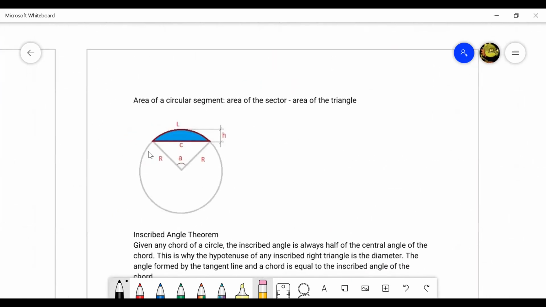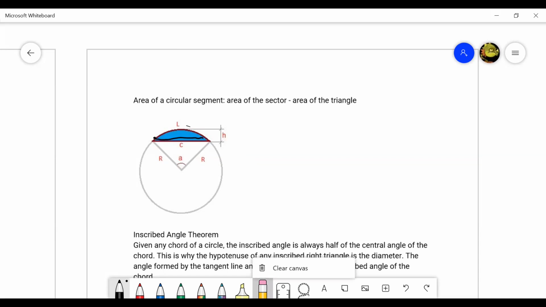Here we can go into the more advanced parts of the circle, which is finding the area of a segment. A circular segment is defined as this kind of weird compressed semicircle shape that's shaded in blue.